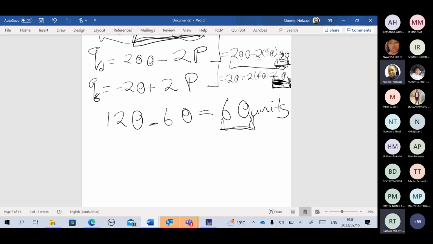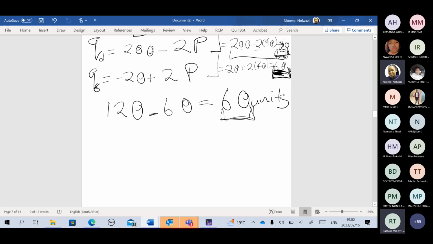Then the next step is to calculate the price the consumers are willing to pay if these 60 units that we are short of are produced into the market. And we said the price demanded is, okay, we use this function. We have that as the demand function.